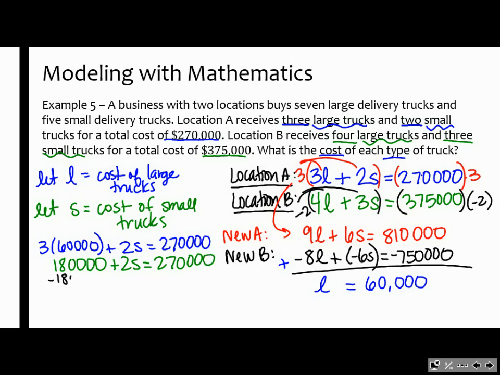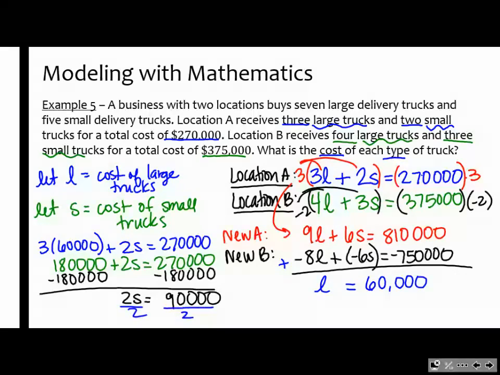Subtraction property of equality will subtract 180,000 from both sides. 2S equals, let's see, 27 minus 18, 90,000. Then divide both sides by 2. So 90 divided by 2 is 45. So this will be S equals 45,000.